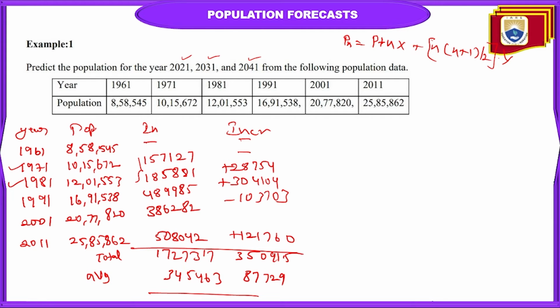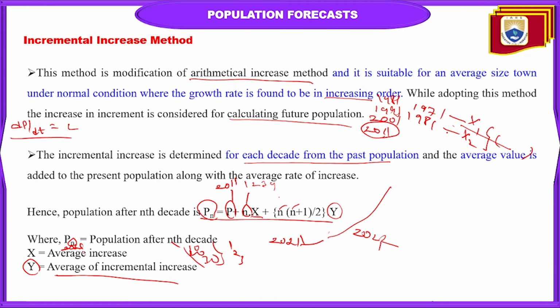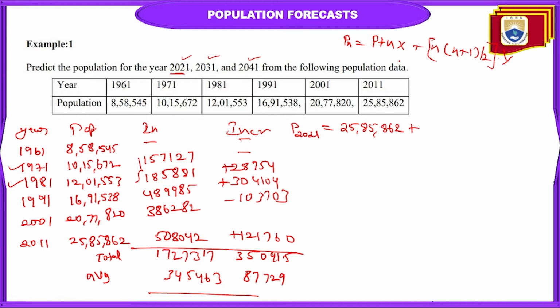So now I need to substitute all these values here. Here P_n is nothing but what I am going to calculate for 2021. It is equal to P, a known population, that is 25,862. So this is a known one, and we are calculating this n. This n is nothing but 2021. We need to calculate for 2021. The difference between 2011 to 2021 is 10 years, nothing but 1 decade. So it becomes 1, into the X value.